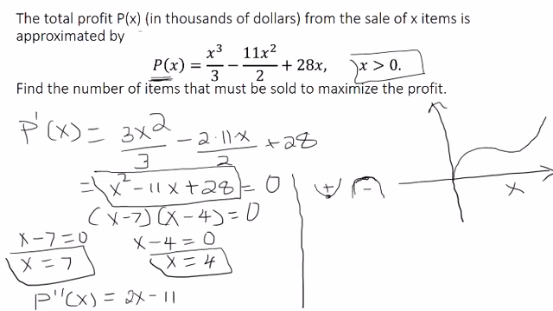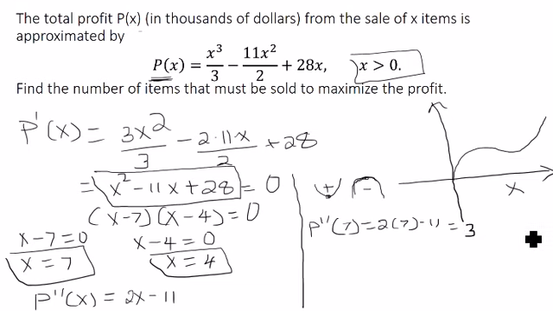So let's plug these numbers, the critical numbers, into the second derivative function. So p double prime of 7 is going to become 2 times 7 minus 11, and that's going to be 14 minus 11, and 14 minus 11 is a 3.